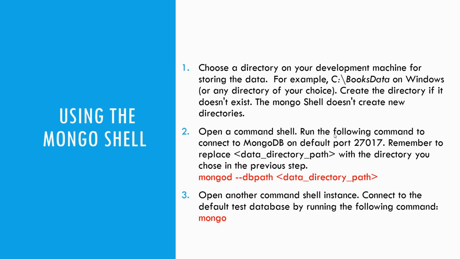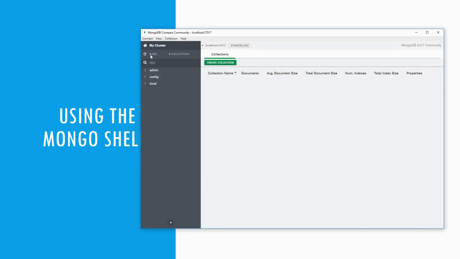This will run MongoDB on the default port, which is 27017. Before that, you need to keep this MongoDB running. So I have got my MongoDB Compass community version, and it is running on localhost on this port 27017, that you can see.